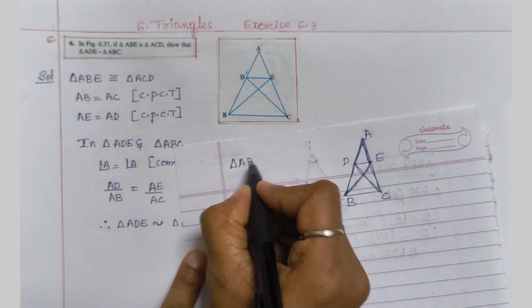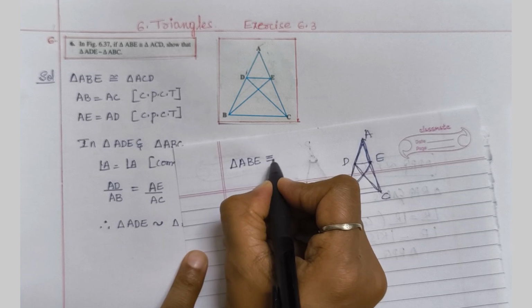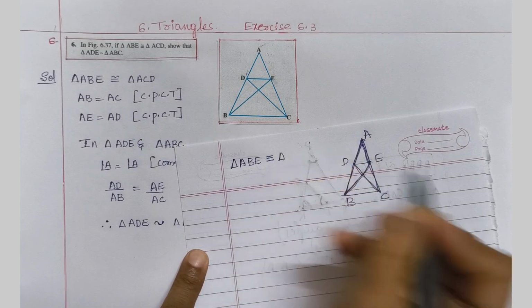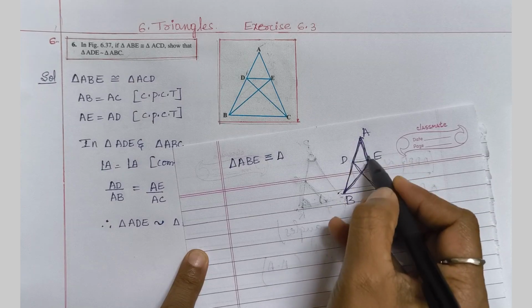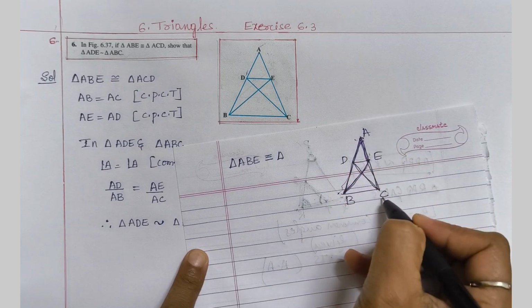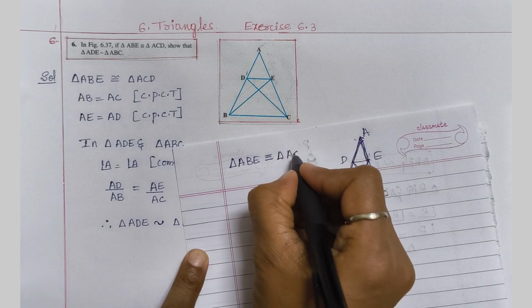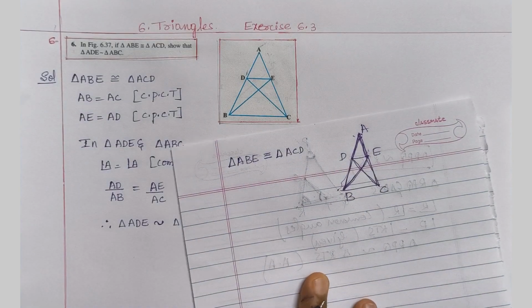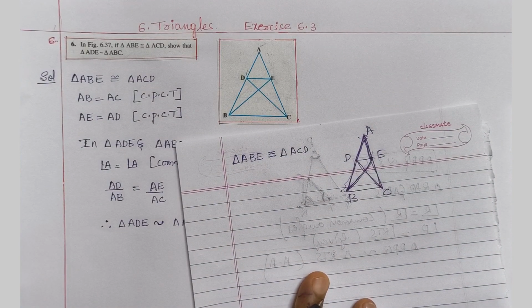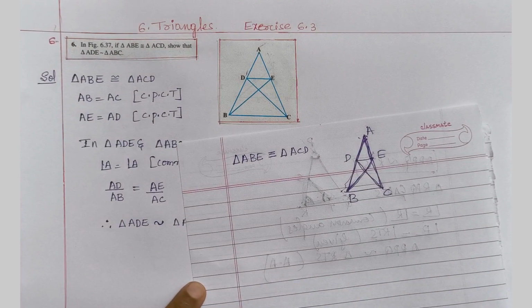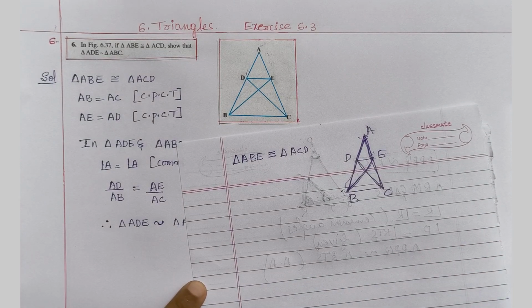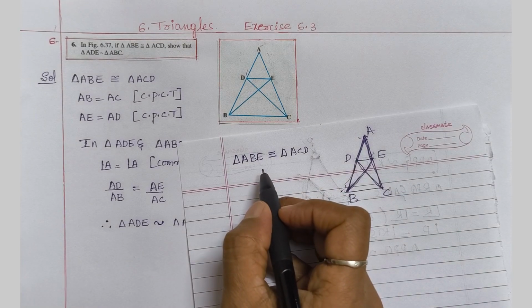Triangle ABE is congruent to triangle ACD, this is given. This is the clue. Congruent triangles means their corresponding sides are also equal, so we will use CPCT.